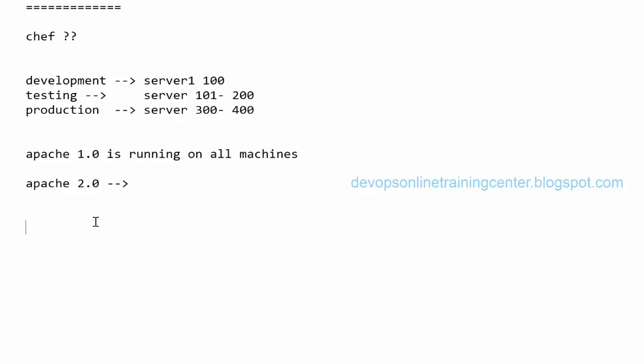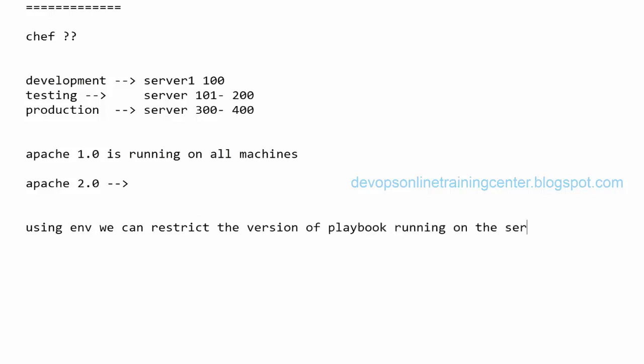So environments are for restricting a cookbook version running on specific environments, right? Using Chef environments, we can restrict the version of the cookbook running on the servers.